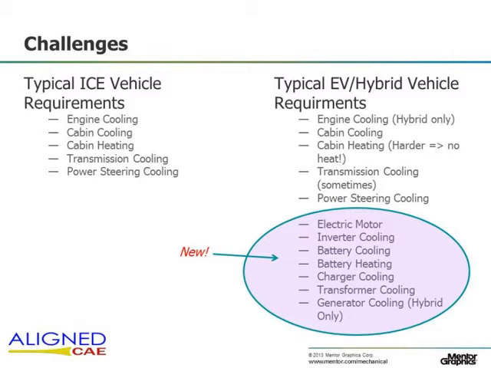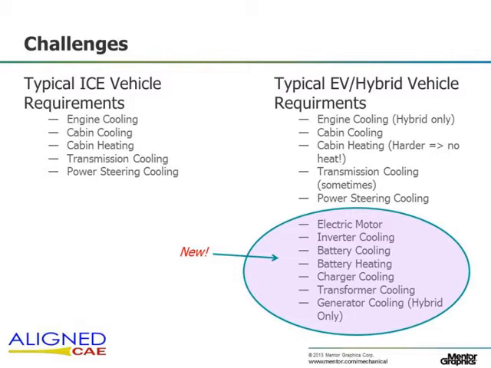We have electric motors that we need to cool. We have to cool inverters, which are driving the electric motors. We have to cool batteries. Sometimes we even have to look at heating batteries to maintain life. We sometimes have to cool a charger, depending on the current draw. We have transformers, which are going from high voltage DC to low voltage DC.